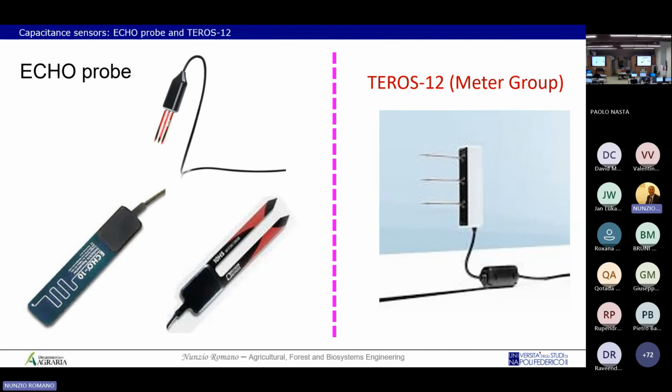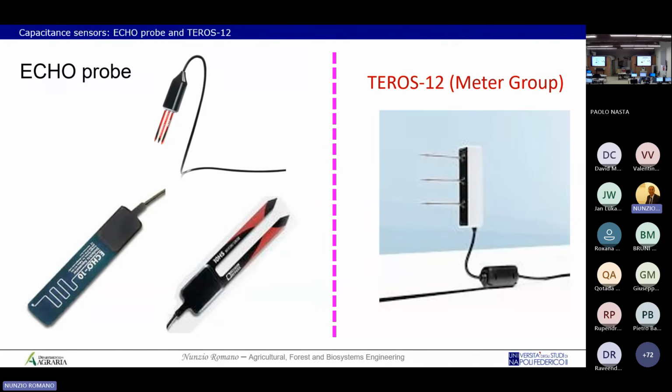Yes, okay. So the Teros 12. Okay, let's make a clarification. You can see in this slide all our capacitance sensors, but on your left, the EcoProbe measures only the soil water content, or better, the electric permittivity, and you obtain the soil water content.